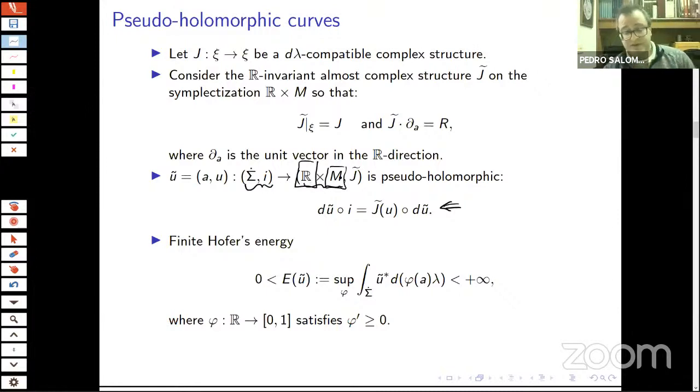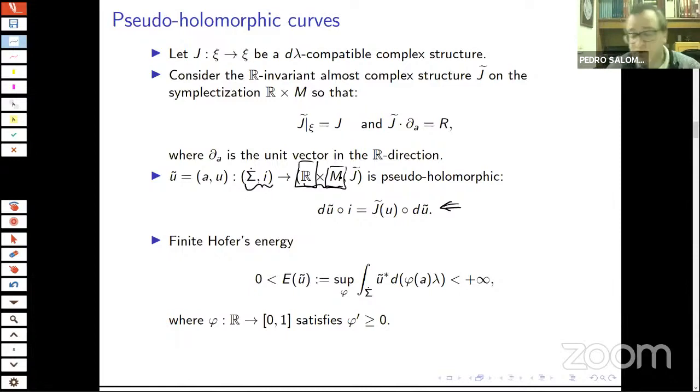So this is just R cross M, and this is a four-dimensional manifold, and we can construct an almost, it becomes not a complex manifold, but an almost complex manifold for a suitable J. And then we try to solve this equation, which is essentially del bar equal to 0. This is just a holomorphic map.